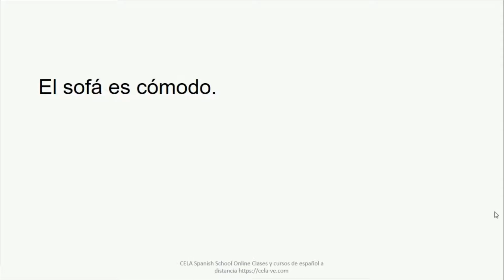The sofa is comfortable. Here we have a noun, el sofá. We have the verb ser. ¿Qué es cómodo? El sofá. El sofá is the subject in the sentence and cómodo is the adjective.